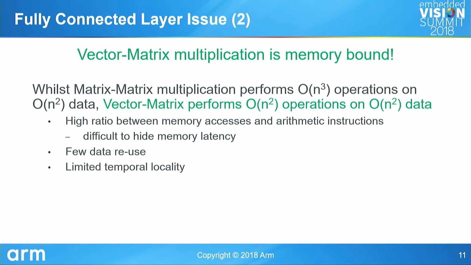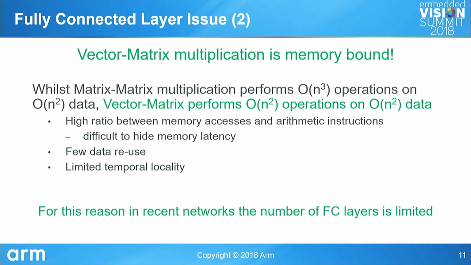And this is a problem, because we can't hide the memory latency when we fetch data from the memory. Moreover, with vector matrix multiplication, we have little data reuse and limited temporal locality. So this is the reason why in recent networks, we are not able to find fully connected layers, or if we use them, we reduce the number of fully connected layers.